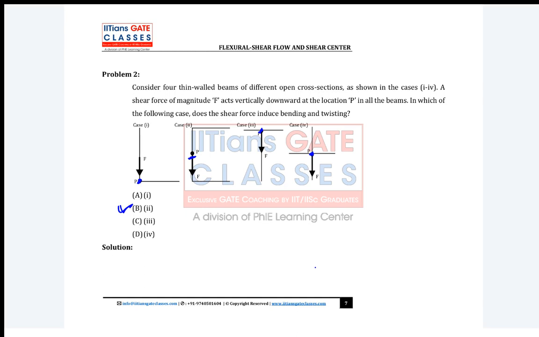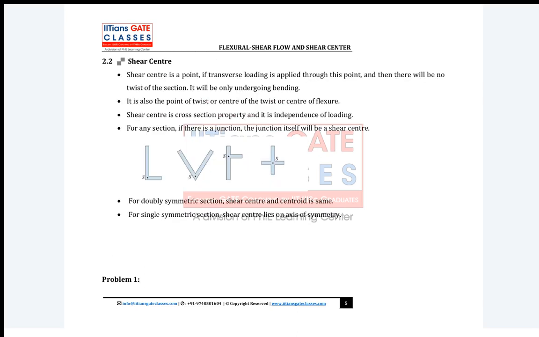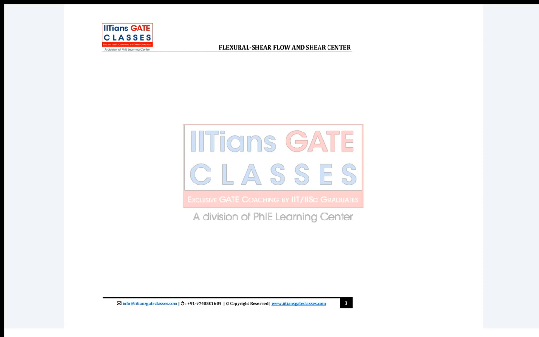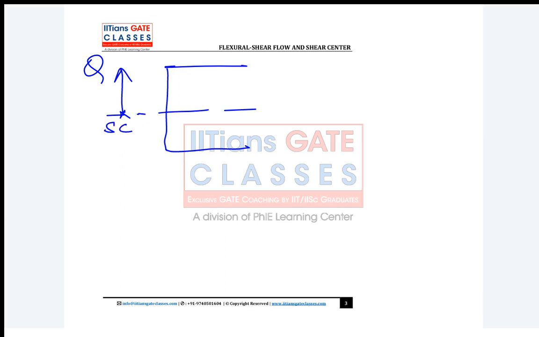Guys, I'll move back to that C section. Okay, channel section. So for the channel section, as I told, we applied only shear force in the y direction, and suppose this is the shear center, so it is Vy.